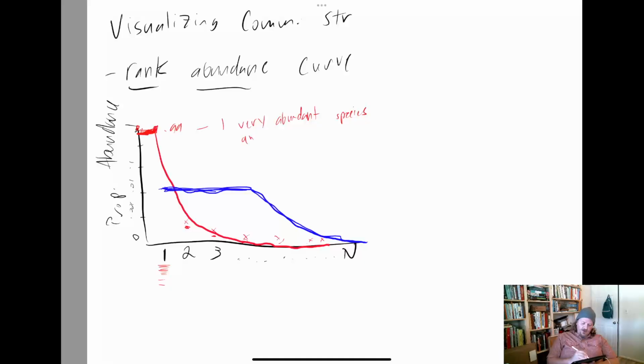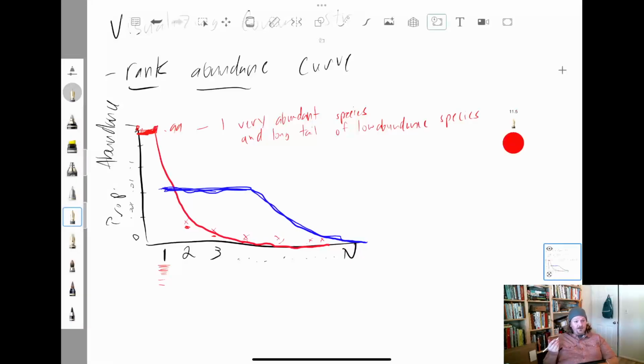So the community drawn in red has one very abundant species, and we would call this a long tail of low abundance species. Think about how you might describe that in terms of evenness, right? The evenness of the red community is extraordinarily low.